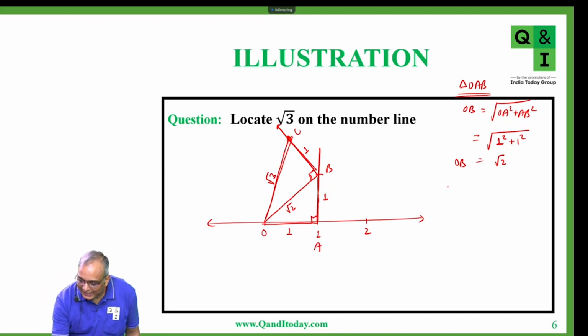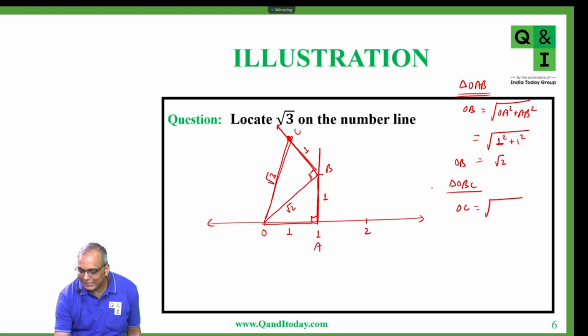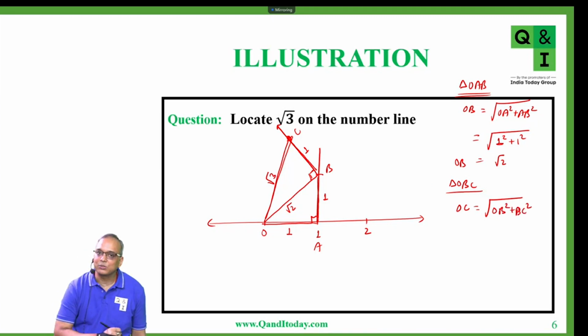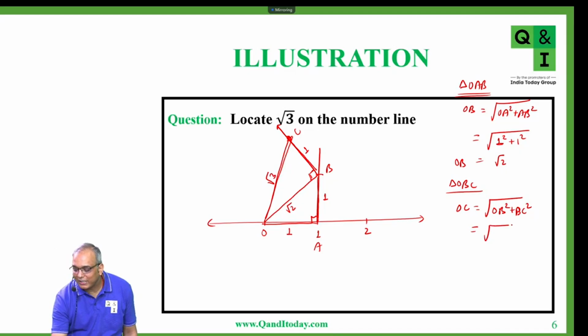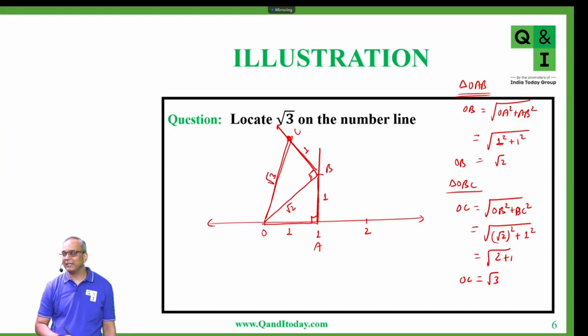Now we take triangle OBC. In triangle OBC, this again is a right angle triangle. OC is equal to root under OB square plus BC square. Root under OB square means √2 square and BC square means 1 square. So this is 2 plus 1, which is equal to √3. So OC is equal to √3.